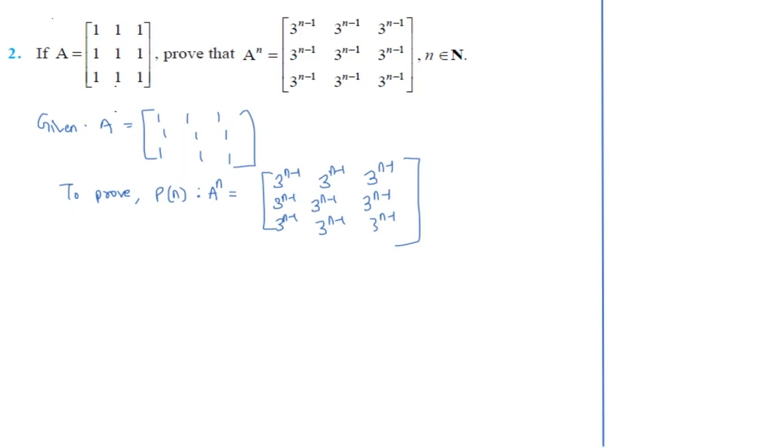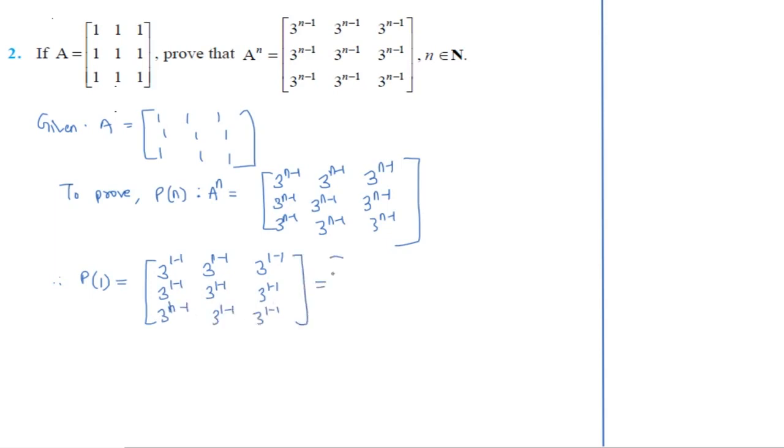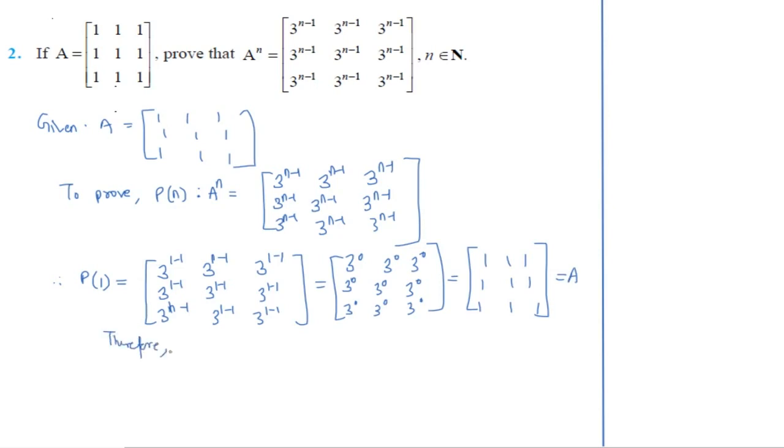Therefore, P(1) is equal to 3 raised to the power 1 minus 1, so that is 3 raised to the power 0, and that is basically 1, which is equal to A. Okay, so therefore we can say P(n) holds true for n equal to 1.